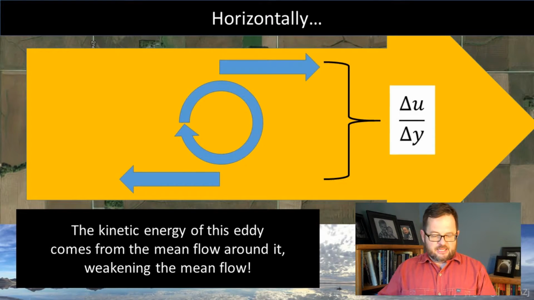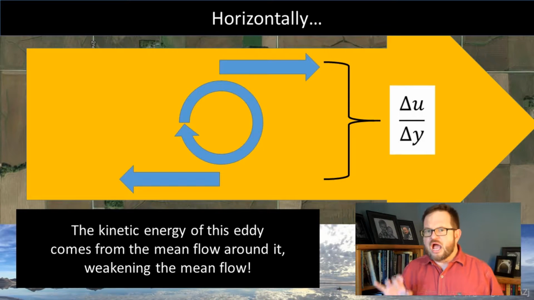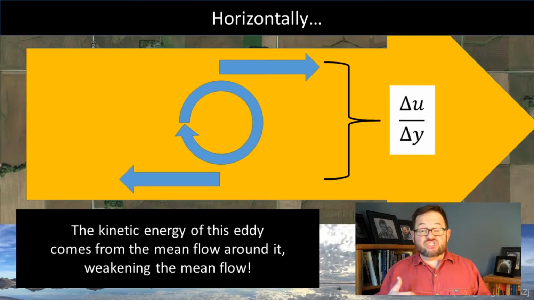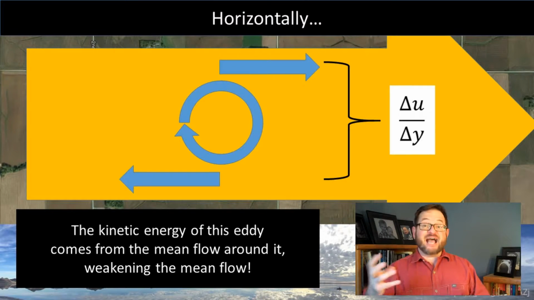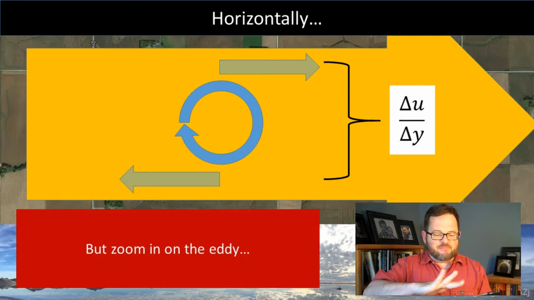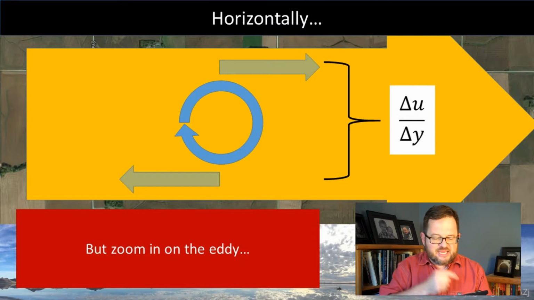Now, that's pretty slick. But remember, I deliberately told you we weren't making any presupposition as to what size this was. I could forget about those vectors at the top and bottom of the diagram and just zoom in on the eddy a little bit.